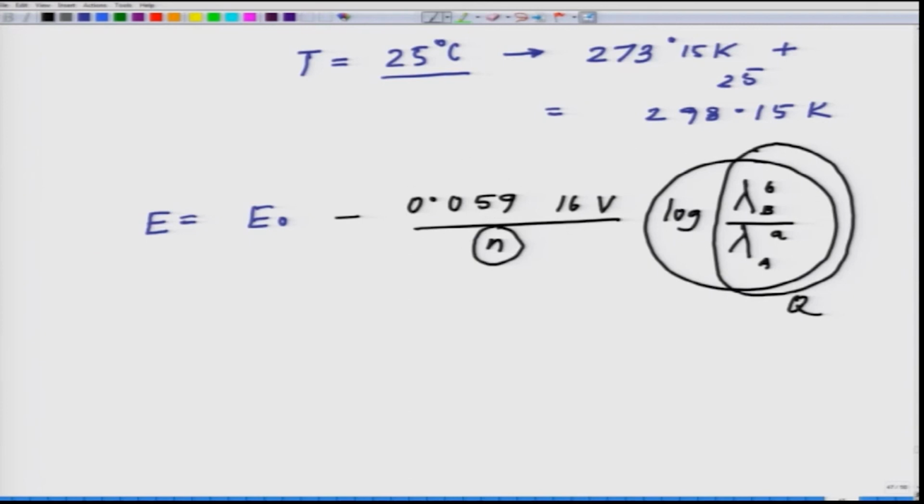Now, what is important here is to realize how this volt is being reached. This could be reached in a very simple way.